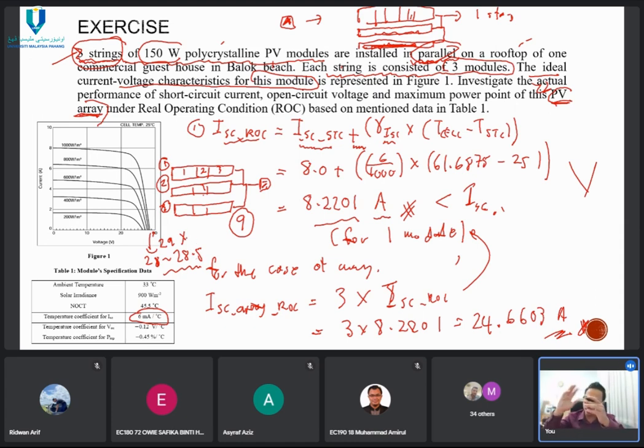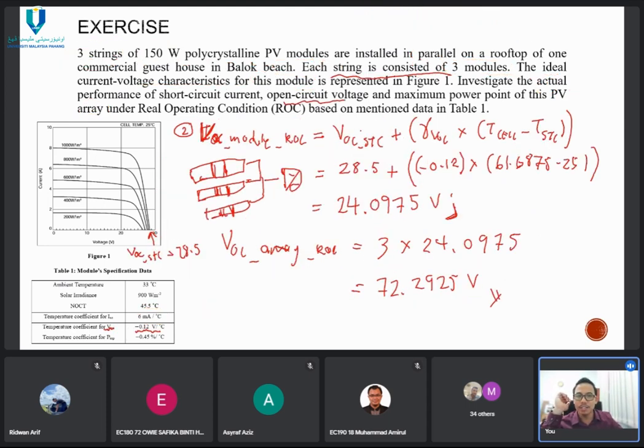But if you write between 28 to 28.7, I still accept lah. But 29, too much. Then you extract already, because we need the ISC STC and also the VOC STC. Okay. Boleh? Boleh. Okay.